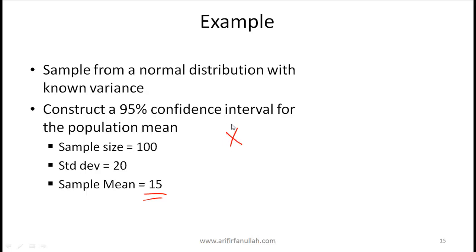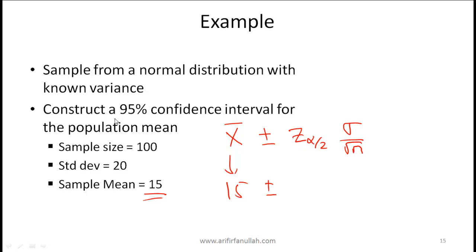So our confidence interval is the point estimate plus or minus our Z alpha over 2 times sigma over square root of n. So our point estimate is x bar, which is 15, plus or minus Z alpha over 2. How do we find this?